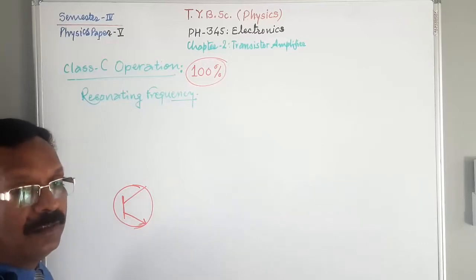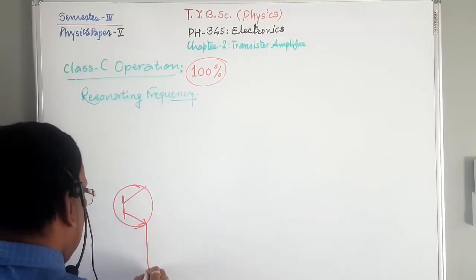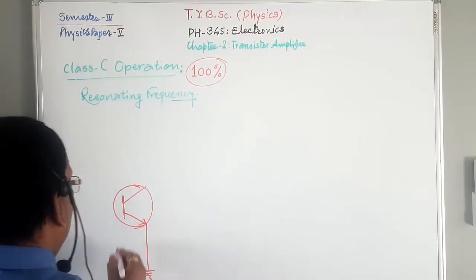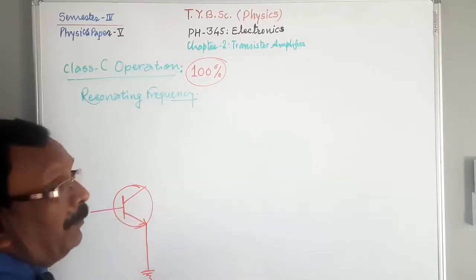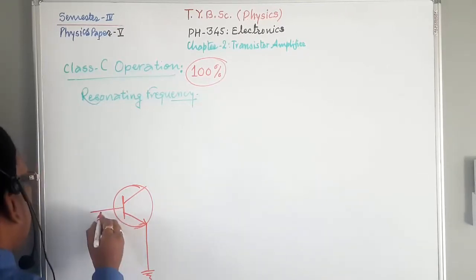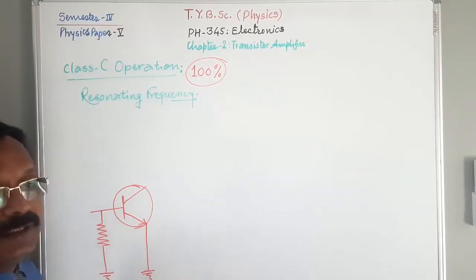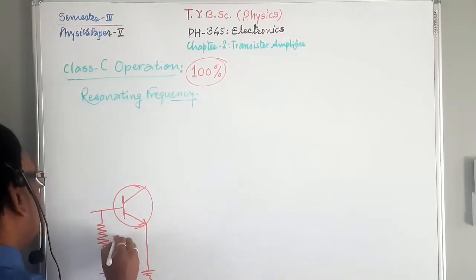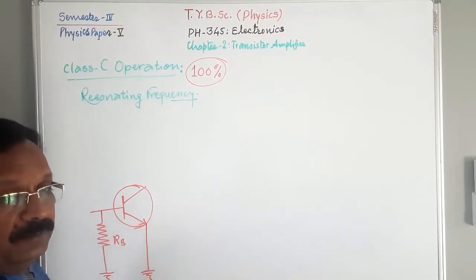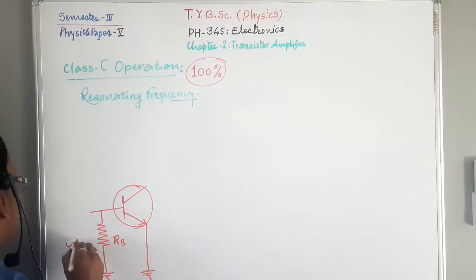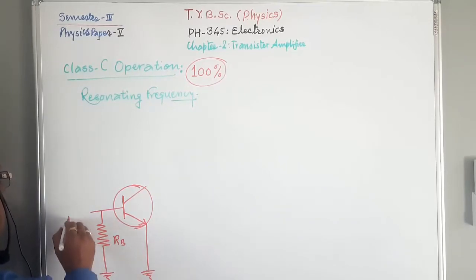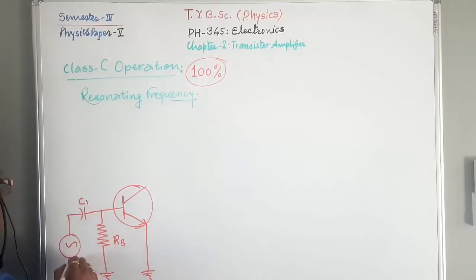This is the emitter, and the emitter is directly grounded. At the base, one more resistor is connected for voltage divider base biasing action, and the input signal is given to the base of the transistor through this capacitor C1.